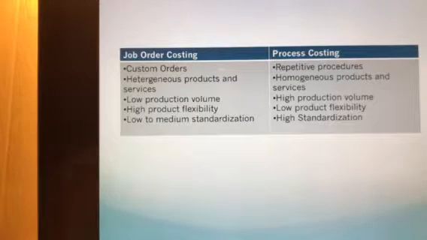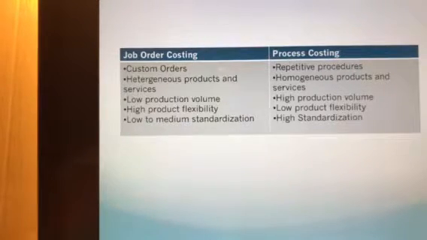On the other hand, process costing or process operations is the mass production of products and a continuous flow of steps. For example, an assembly line. Unlike job order production, where every product differs depending on customer needs, process operations are designed to mass produce large quantities of identical products.